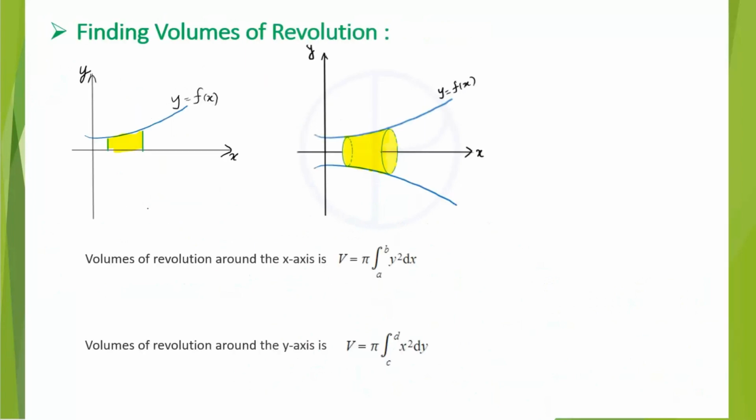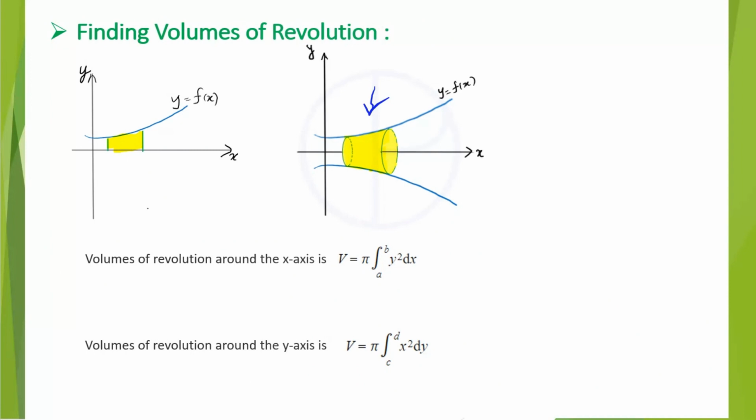The next topic is volume of revolution. So y is equal to f of x. It's a function. When an area bounded by the function f of x is rotated 360 degrees around the x-axis, a solid of revolution is formed like this.